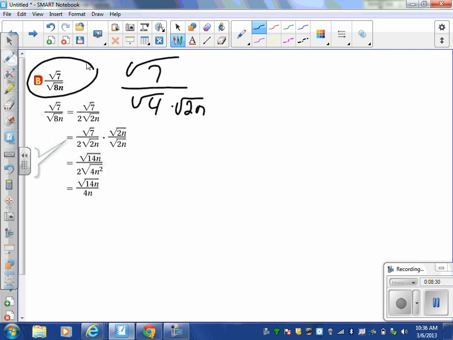Then I could rewrite that as square root of 4 is 2, left with the square root of 2n on the inside, and the square root of 7 left on top. So then I'm left with square root of 7 over 2 square root 2n.